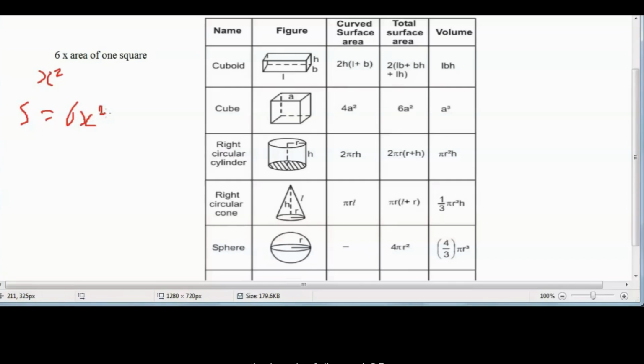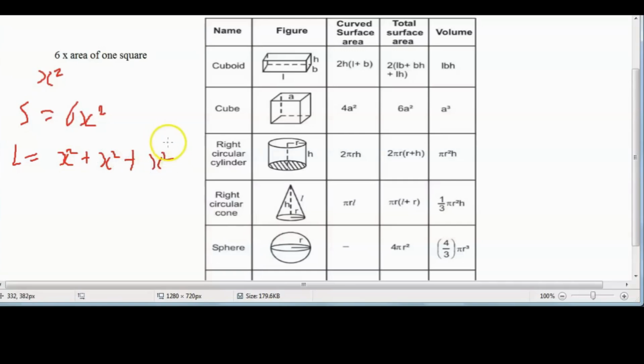The length of diagonal QD, or let me use L, will be equals to the square root of x squared plus x squared plus x squared.